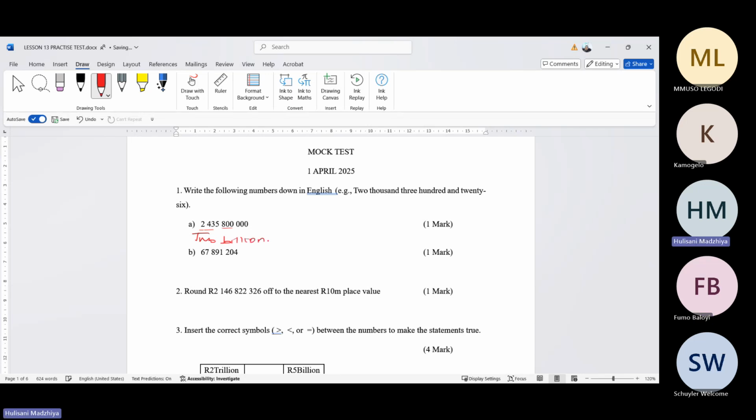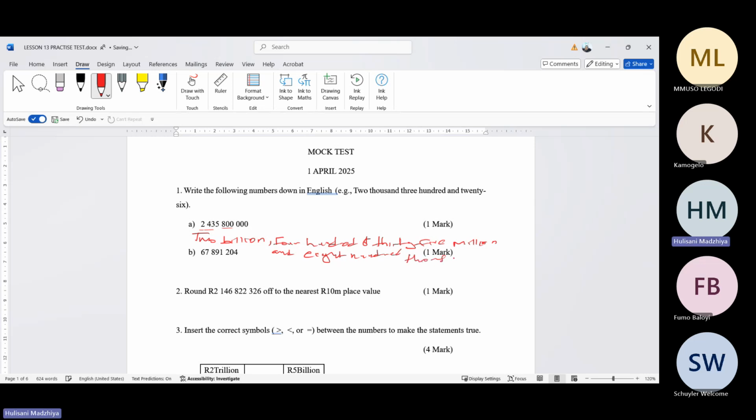and you put a comma to indicate that, okay, we're saying now 2 billion, and then you write 435 million and 800,000.